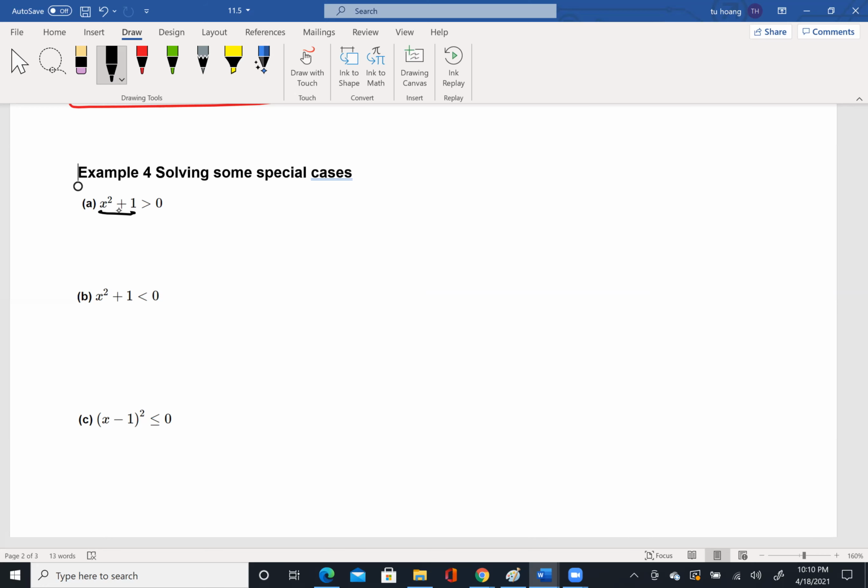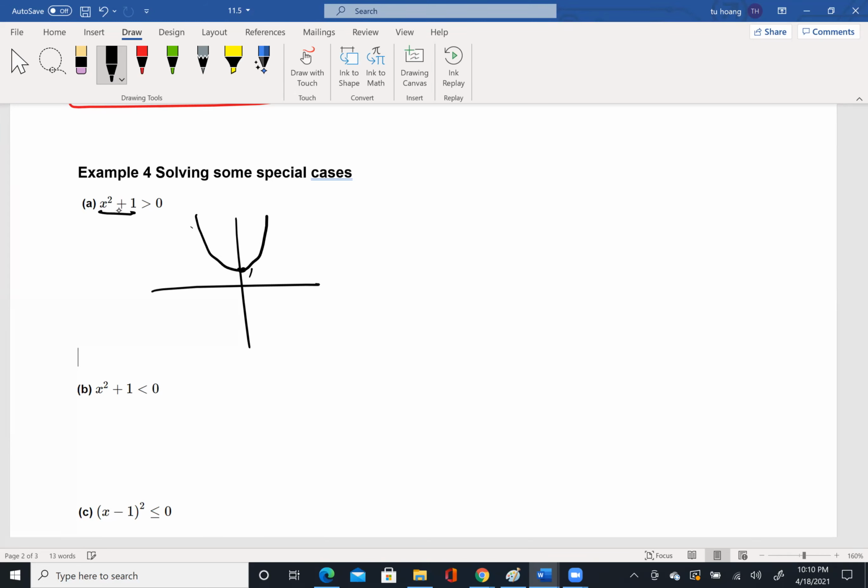So that's always true for all values of x. Also, if you want to graph this as a sketch, the vertex is 1 over here, right? And it should be an upward opening parabola. So just go up to positive infinity from 1.